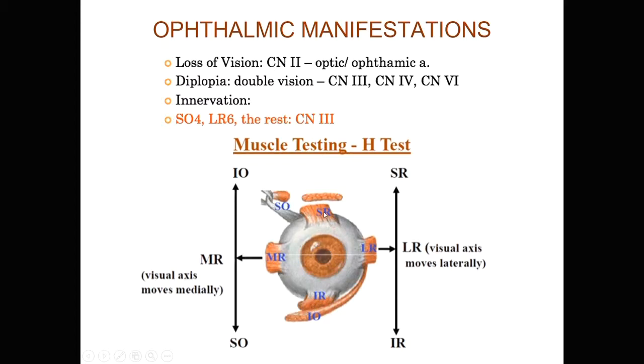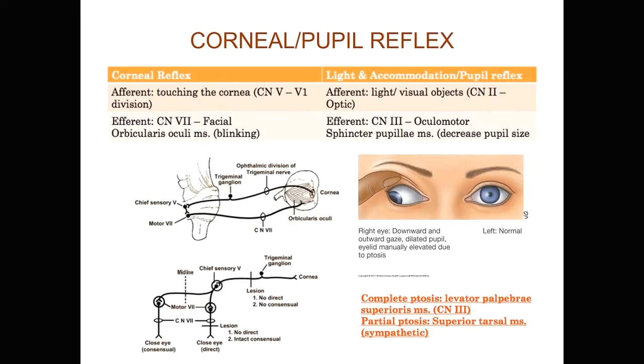Those are all cranial nerve 3. Superior oblique here is SO4, trochlear. Lateral rectus, for looking sideways, is going to be your 6, or abducens. This is what's known as the H-test. You get to perform this and learn all about this, so I'm not going to go into further detail. There are wonderful resources online you can check out as well. So now a little bit about corneal and pupil reflex.